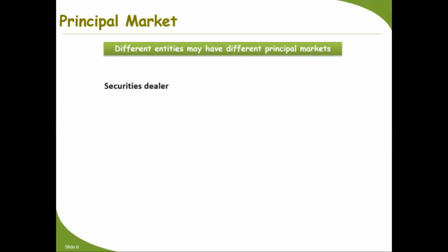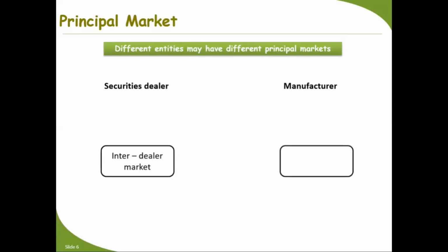Let's assume one entity is a securities dealer, and the other entity is a manufacturing organization. There are 2 markets. One is the inter-dealer market, where securities are exchanged between different dealers, and then there is a retail market. Now, a securities dealer may deal in both markets.